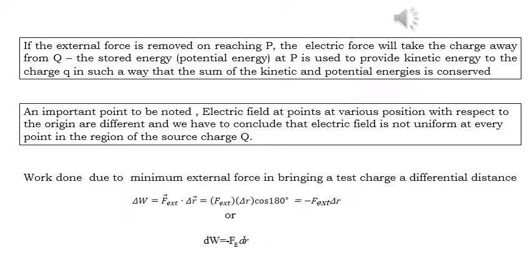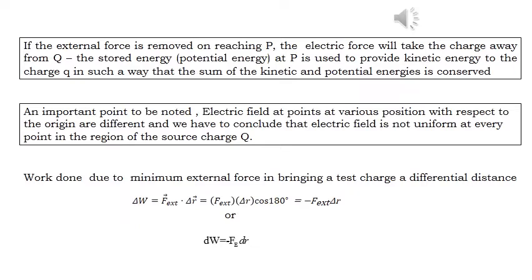So the stored energy, that is the potential energy on the charge q, is used to provide kinetic energy to the charge q in such a way that the sum of kinetic and potential energies is conserved. And one more point to be remembered: in this situation the electric field is not uniform everywhere. According to the position of the arbitrary point from the source charge capital Q, the electric field differs.